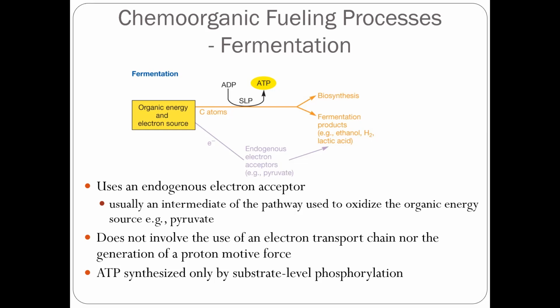This pyruvate comes from glycolysis. This is the bottom line. When we talk about fermentation, you need to know there is an intermediate product, very important, called pyruvate. That pyruvate is generated through glycolysis.